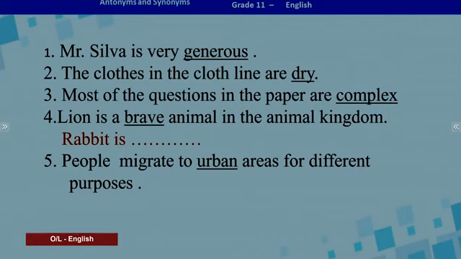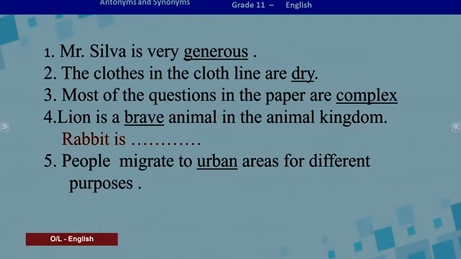Most of the questions in the paper are complex. The underlined word is complex. Lion is a brave animal in the animal kingdom. The underlined word is brave. Below the sentence, your answer is given. So, you can't use the word lion there.